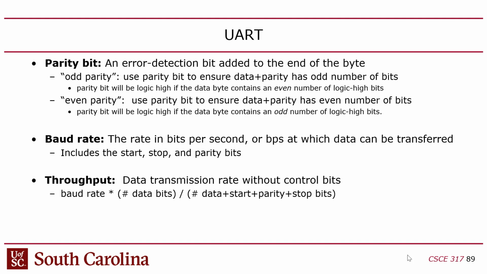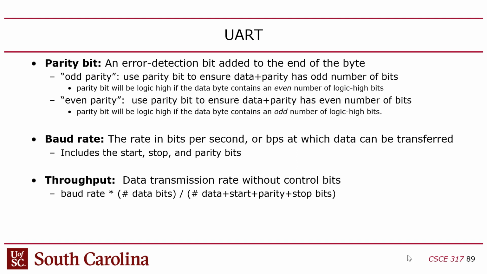Make sense? Now you would think, if I just told you that there's a bit that's odd parity, you might assume that if there's an odd number of 1 bits in the byte that was sent, you would set that bit high, right? That's what you might think, but that's wrong. It turns out that it's actually the opposite.